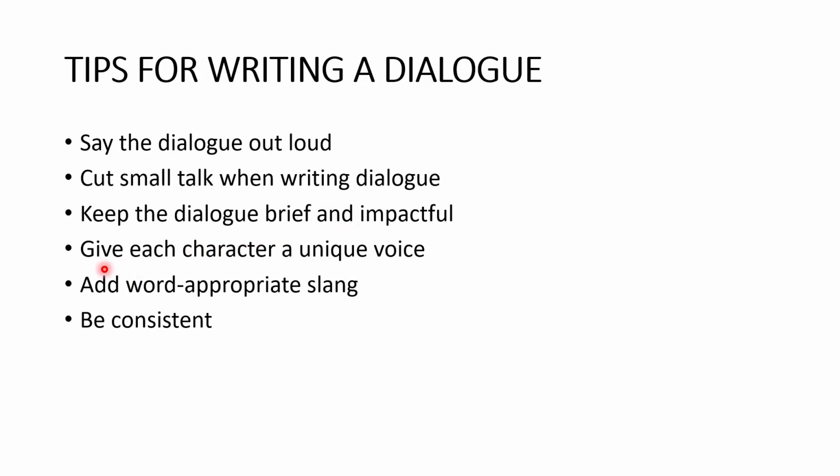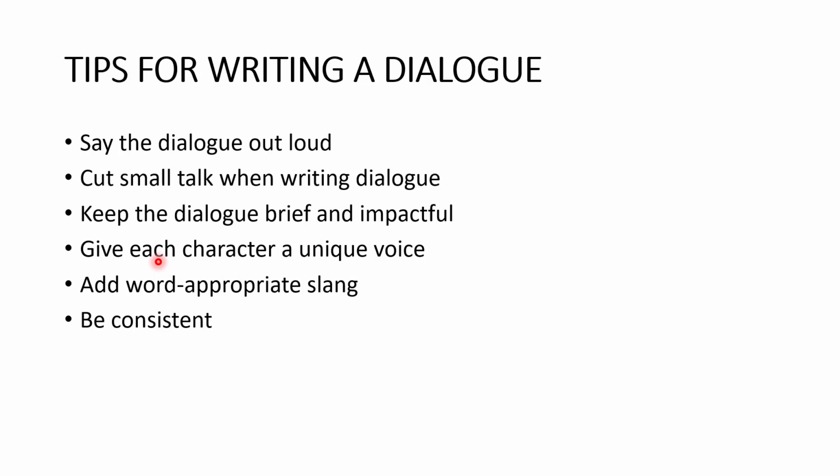The fourth one is give each character a unique voice. It basically says that if your story, or a portion of your story, or a play or drama that you're writing has many characters involved, you have to make the reader feel as if they are reading about different characters.